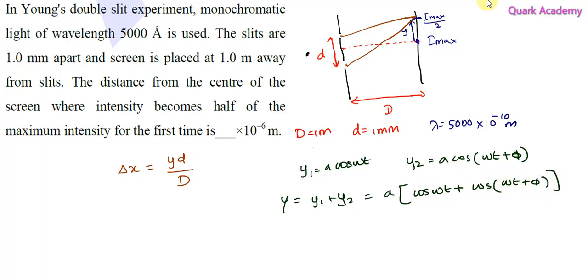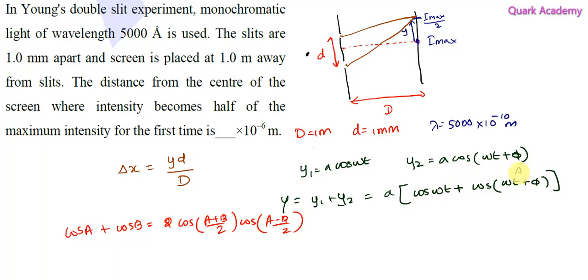So it is in a form which is cos A plus cos B. Cos A plus cos B is 2 into cos of A plus B by 2 and cos of A minus B by 2. We'll use the same idea here.